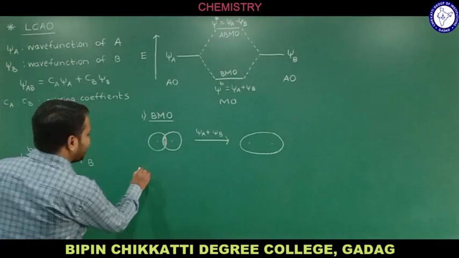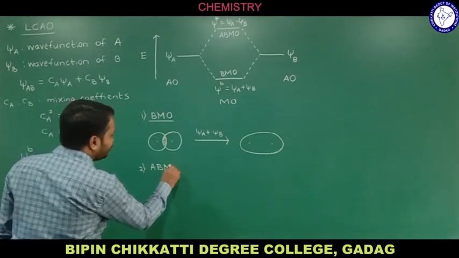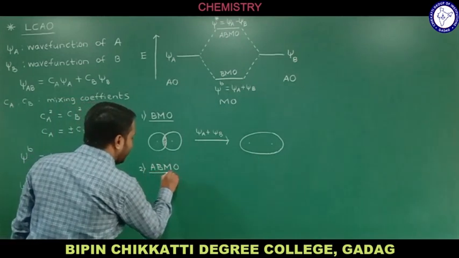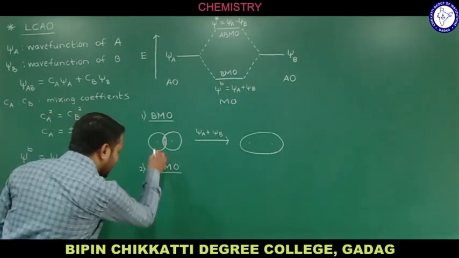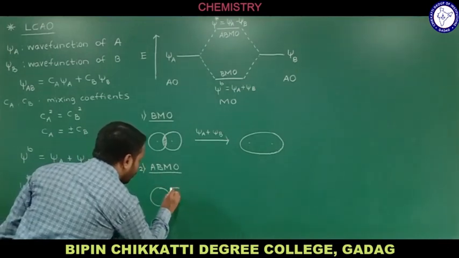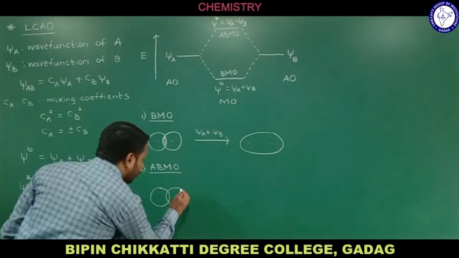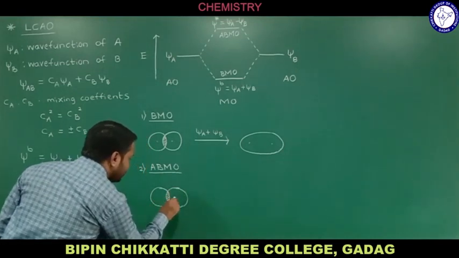Now we will see the second one, how ABMO can be formed. ABMO is one more kind of molecular orbital, and I consider the same kind of atomic orbital. This is one spherical atomic orbital, and one more spherical atomic orbital. They are supposed to overlap, but what kind of overlapping? This is the nucleus, and this is the nucleus.